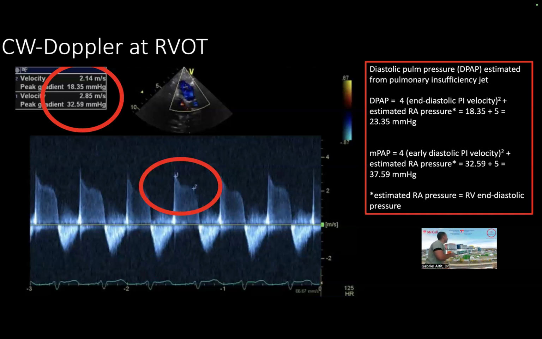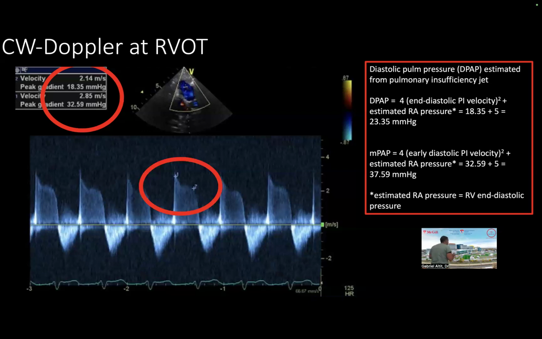Okay, so you know that if you look at a curve, you get systole, and then you get diastole, and then you get systole. So even in diastole, the pressure in your pulmonary artery will drop a bit, right? It's never a plateau. So we're taking this pressure basically. That's what we're interested in when we're looking at the end diastolic, which is this number 2. Let's say you have 3 meters per second there.